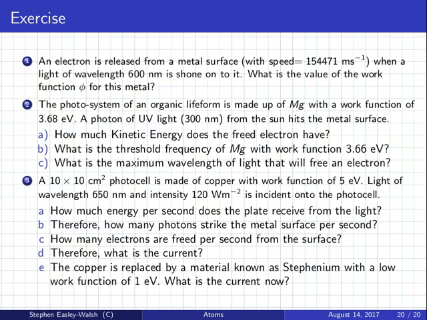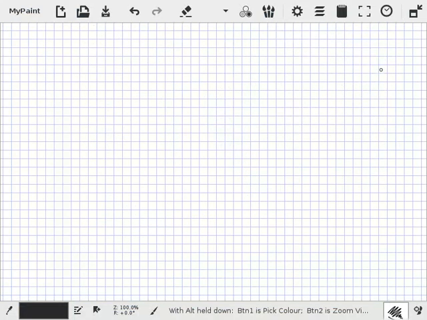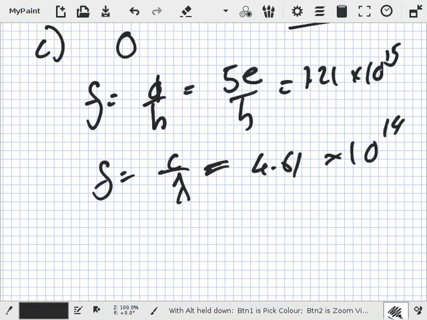Part E now. The copper is replaced by a material known as stibinium with a low work function of 1 electron volt. What is the current now? Okay, so 1 electron volt, that's definitely a very low work function. I can very confidently say, without even calculating it, that each photon will free an electron because the threshold frequency is going to be much, much lower.